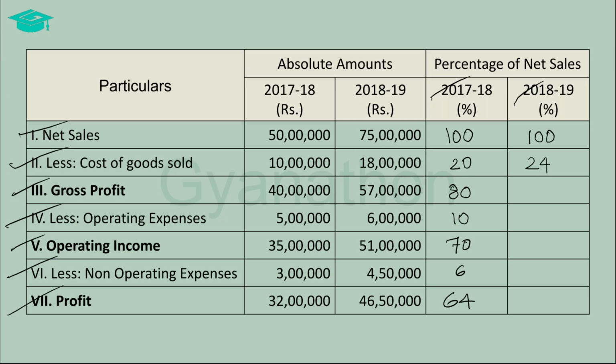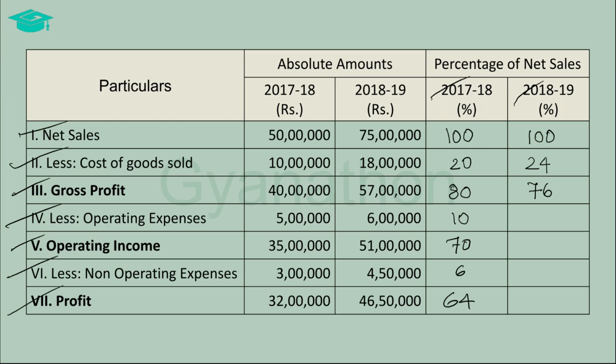The resultant gross profit here is 57 lakhs. The percentage for which is calculated as 57 lakhs divided by 75 lakhs multiplied by 100, which is 76%. This means for the year 2018-19, the gross profit has reduced to being 76% of the net sales, which is 4% less as compared to the year 2017-18.